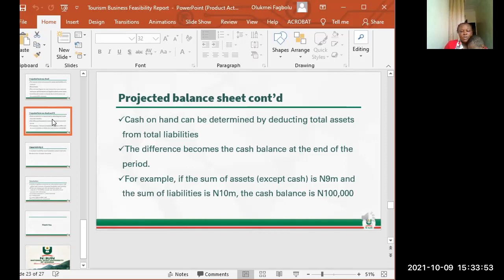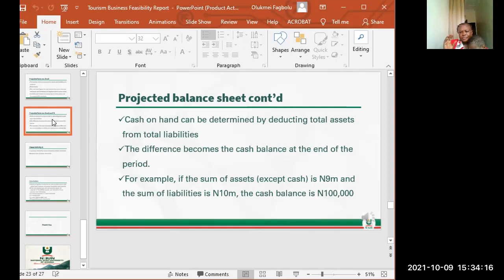Assets. For instance, if we want to know our cash balance from our balance sheet, we deduct the asset side from the liabilities side. That is fixed assets plus current assets.